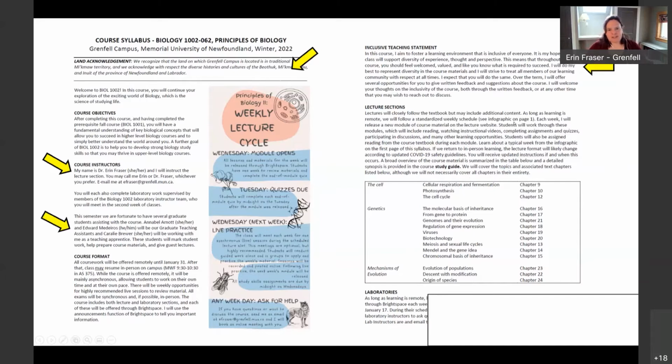We included a specific inclusive teaching statement in the syllabus that talked about the environment that we were hoping to foster within that learning environment, and also told students that there would be the opportunity to give feedback over the course of the term about how that was going. I learned how to make these really cool infograms that I'm very excited about, that just provide a neat way to get some of the key information across to the students that hopefully will be something that they're more inclined to read and really take on board.